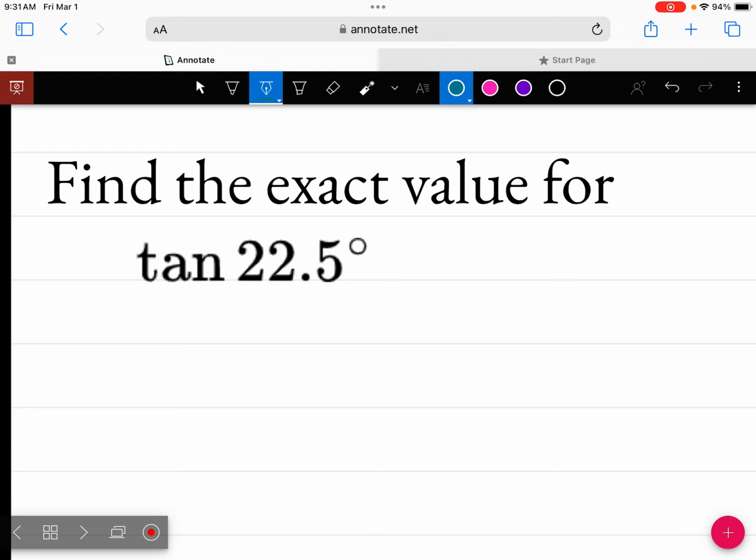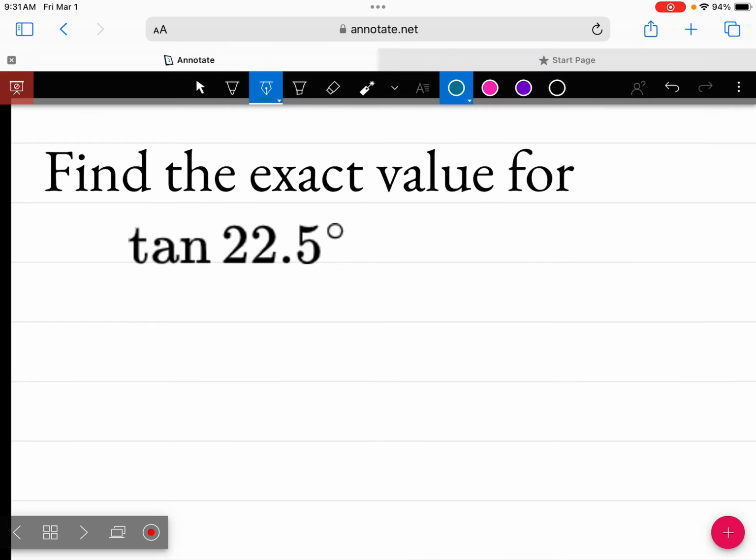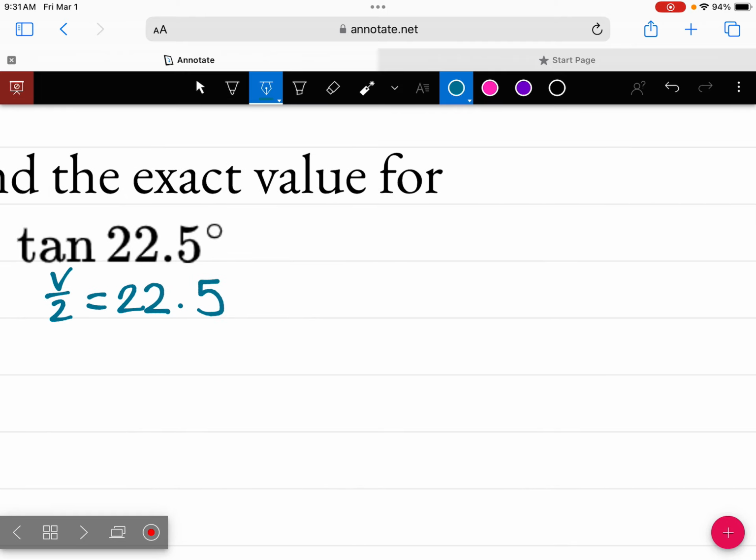So we know for sure this is going to have to be the double angle, or the half angles here, where V over 2 is 22.5, which means what's the V going to be? 45. So we're looking for the half angle of 45.